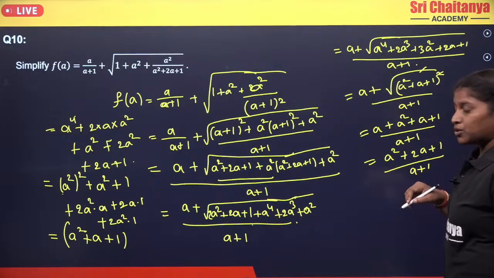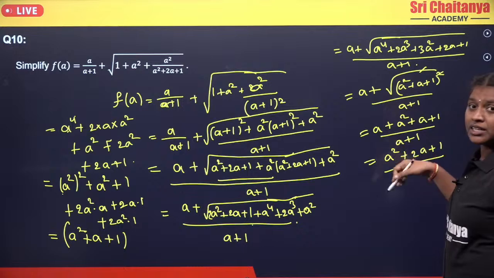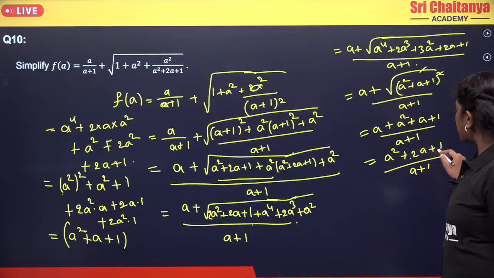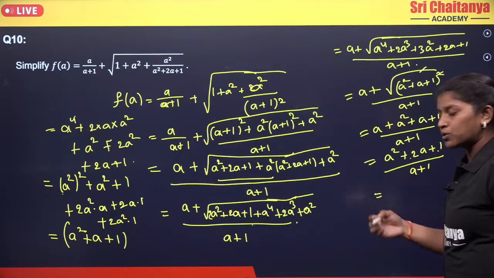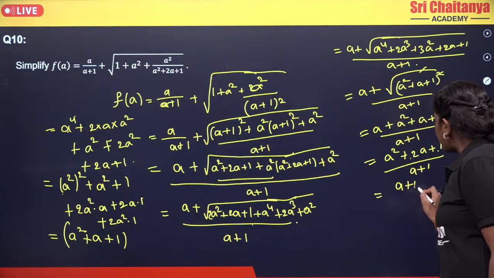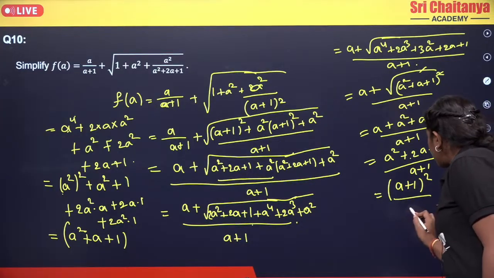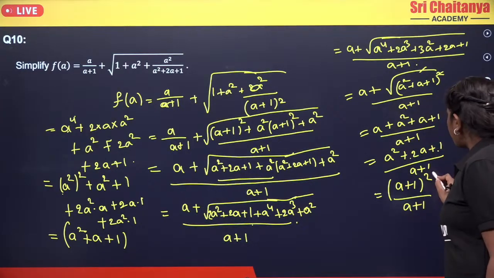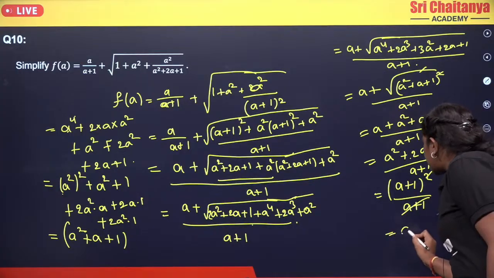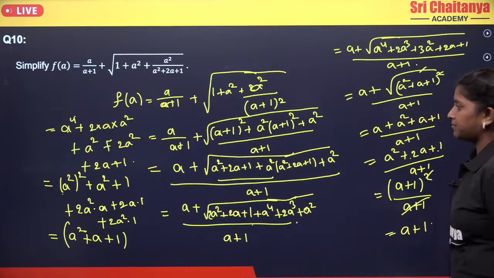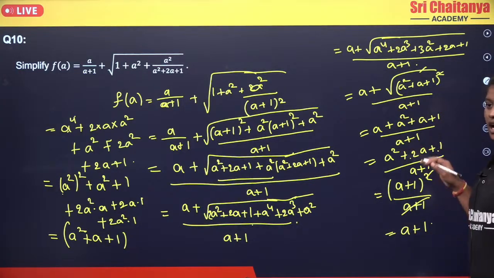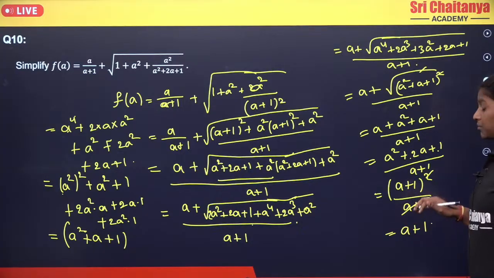Okay. So now here you are having another identity, which is nothing but a square plus 2a plus 1 can be written as a plus b whole square. So now here it will become a plus 1 whole square by a plus 1. Now if you cancel it, we will be getting the final answer as a plus 1.